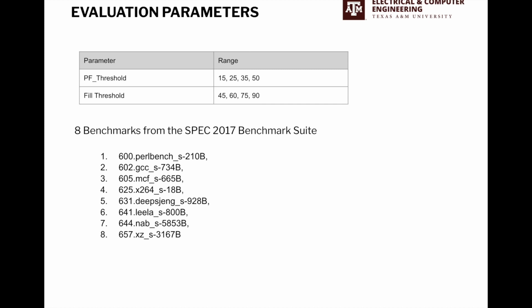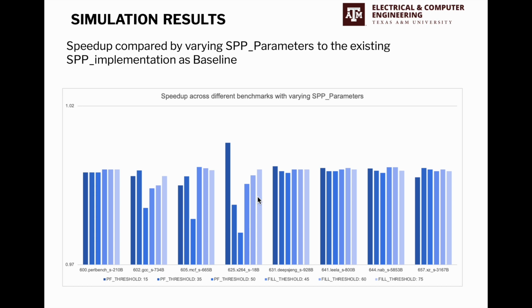for analyzing our performance. We are analyzing the simulation results we have achieved through our implementation, and here the first graph shows the speedup by varying SPP parameters, compared to the existing SPP implementation as a baseline. We have done it for these 8 benchmarks, and we have varied PF threshold and fill threshold values.